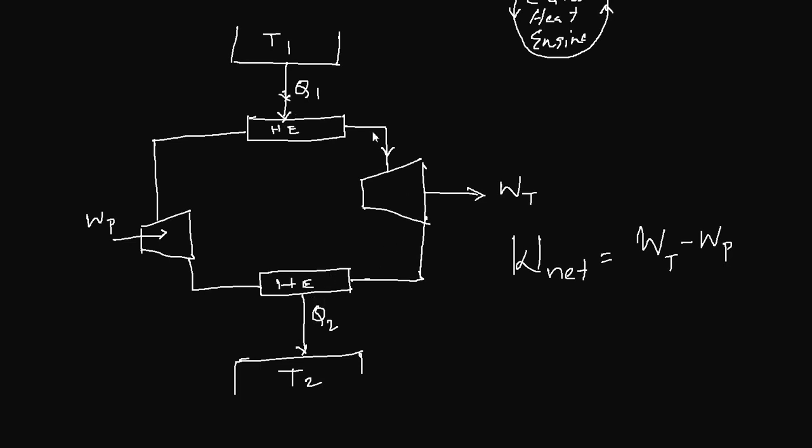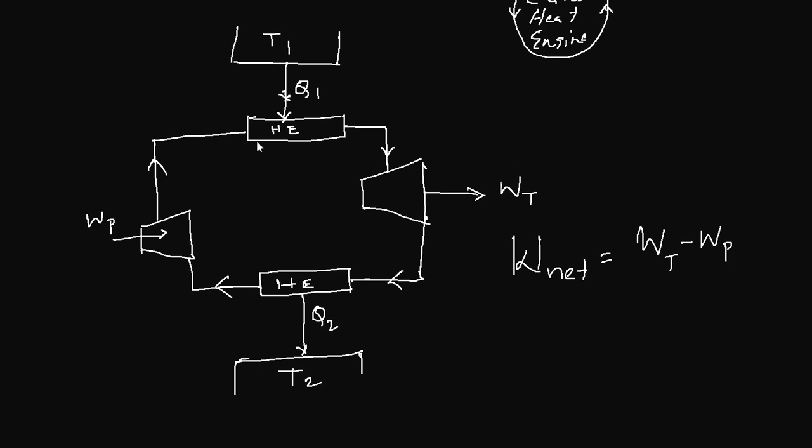Because all the processes are reversible, you can see the flow is shown here in this direction, but we can reverse all the processes and create a reversed Carnot or reversed heat engine.